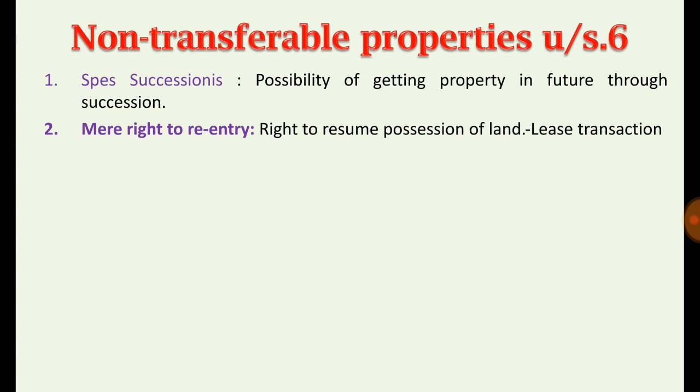This is called a mere right of re-entry, and it cannot be transferred. You can transfer the right of re-entry along with the property. This is a special right available only to that person who is the owner of the property, so he cannot require another person to get the possession in his absence.